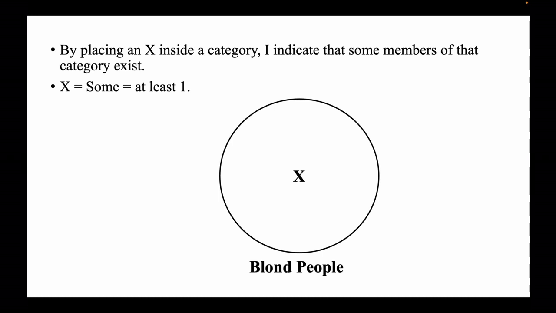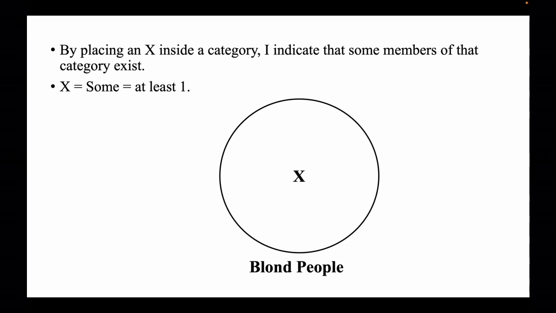So let's start with a quick review of what a category is, and what the X and the shading mean. Now, a category, as I said, is a group of things. Think of it as a container. For example, I have a container, this circle that you're looking at, and I label it blonde people.